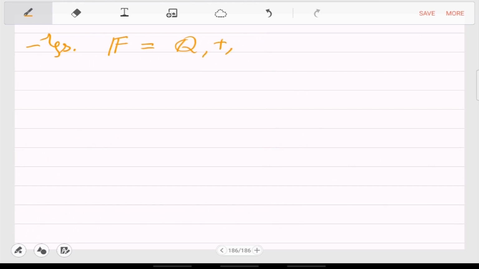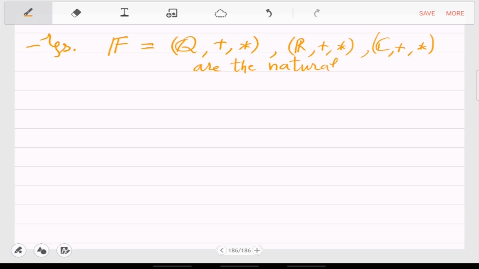So this with the usual plus star is a field. Similarly, real numbers and then obviously complex numbers. So these are the natural fields, right, that you have worked with without knowing that these are fields.